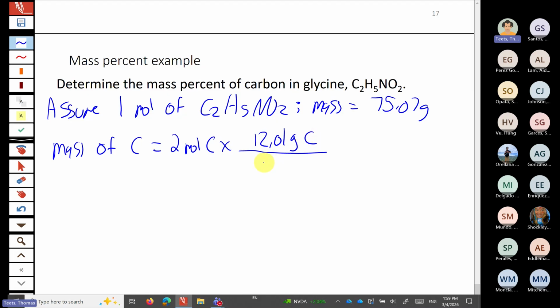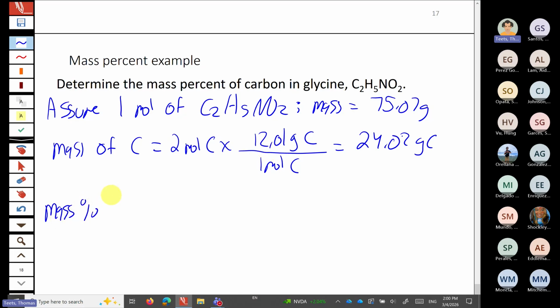So there's 12.01 grams of carbon in 1 mole. And that comes out then to 24.02. So of this 75.07 grams, which corresponds to 1 mole of glycine, 24.02 of that is carbon, because there's 2 moles of carbon in the formula, and that's the atomic mass of carbon, which is the amount each mole would have. So now we have all the information we need to calculate mass percent.